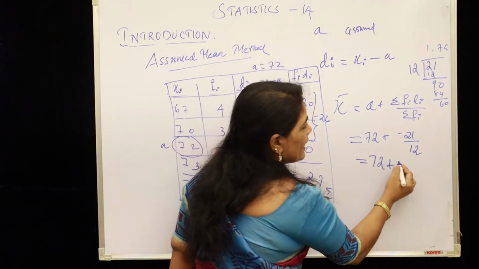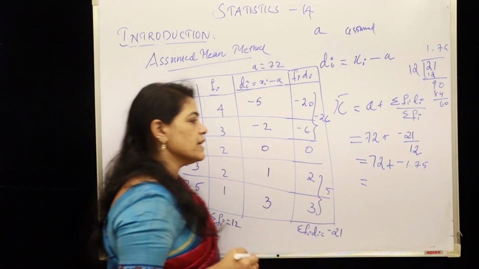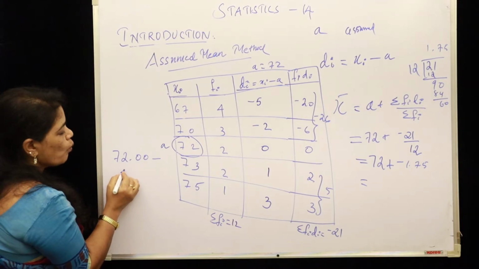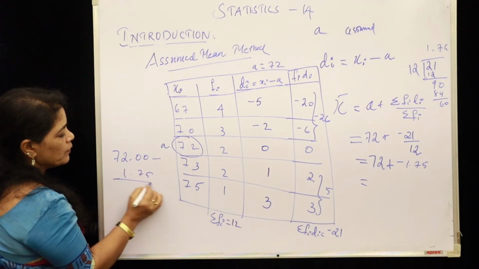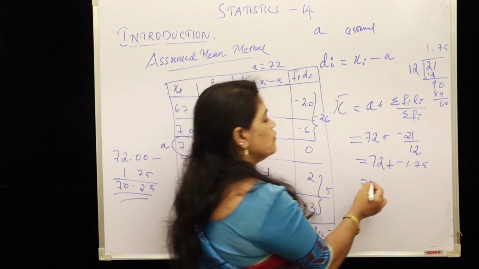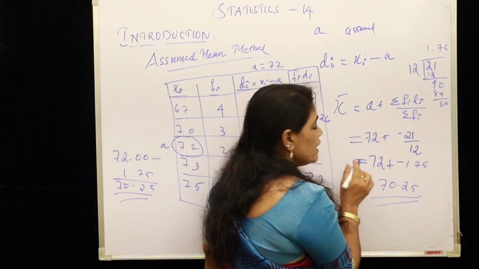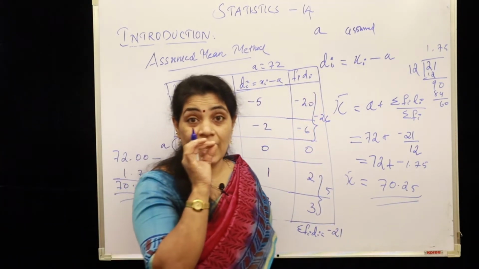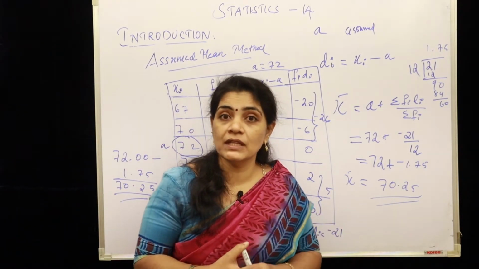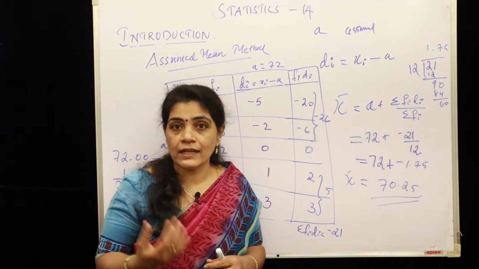So negative 1.75. So we are going to subtract, that is 72 minus 1.75, that is 70.25. This arithmetic mean will be very close to this arbitrary mean, that is the small letter a, the assumed mean. We have assumed that 72 may be the mean. That is not the actual mean.